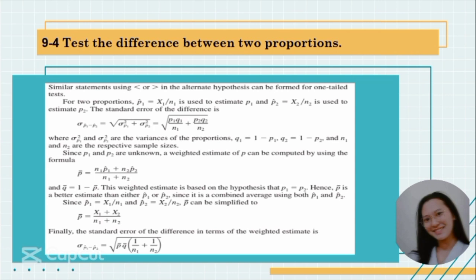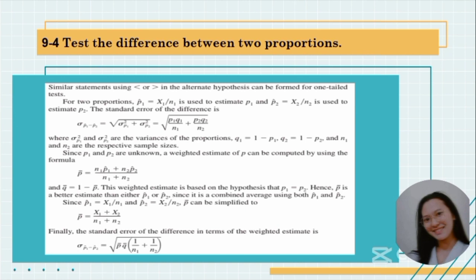For two proportions, p hat sub 1 equals x sub 1 over n sub 1 is used to estimate p sub 1, and p hat sub 2 equals x sub 2 over n sub 2 is used to estimate p sub 2.